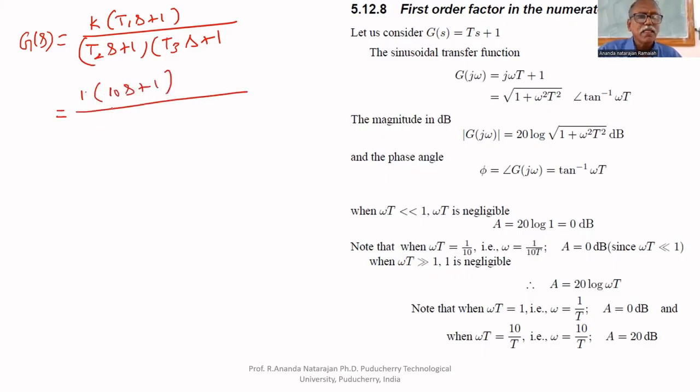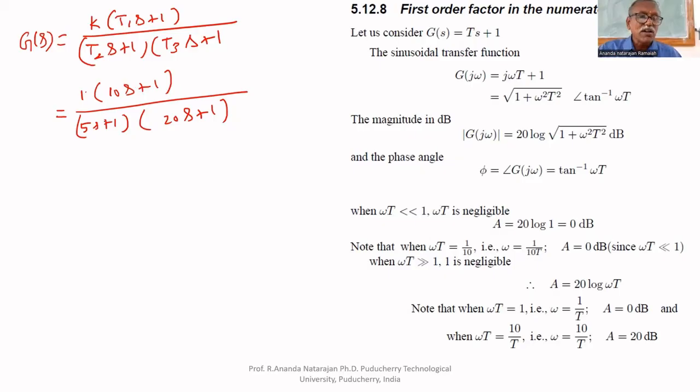Here, we will get 5s plus 1. Here, we will get 20s plus 1. For k equal to 1, 20 log k equal to 0.